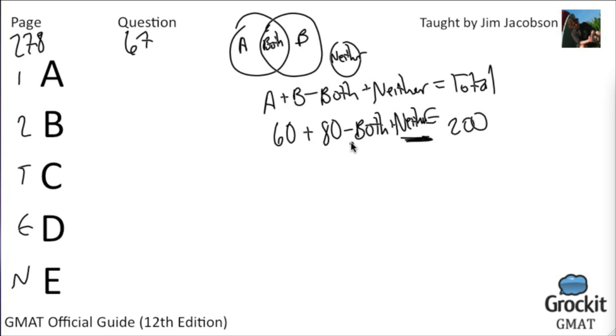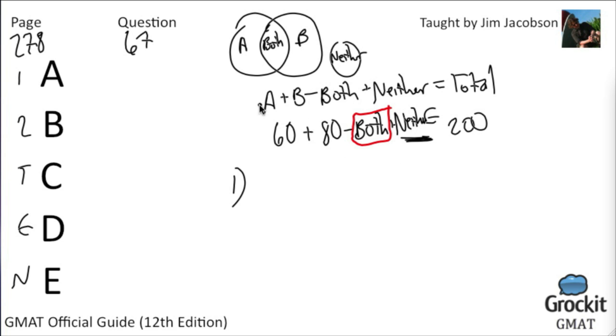So if we can figure out both from the statements, the number that both received loans and scholarships, we can figure out neither, and we win, or at least have sufficiency. Statement number 1: 25% of those surveyed said that they had received scholarships but no loans. So 25% of 200, which is to say 50.